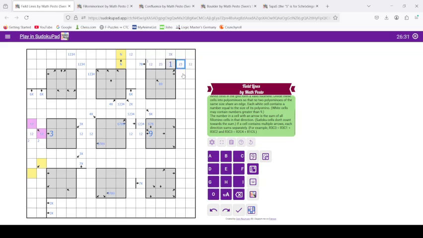In the other case, what if this is a 2? In fact, if this is 2 or 3, I think this one has to be 3. No, because this could be over here, 2, 2. 2, 2, 2, 1 works, yeah. Hmm.